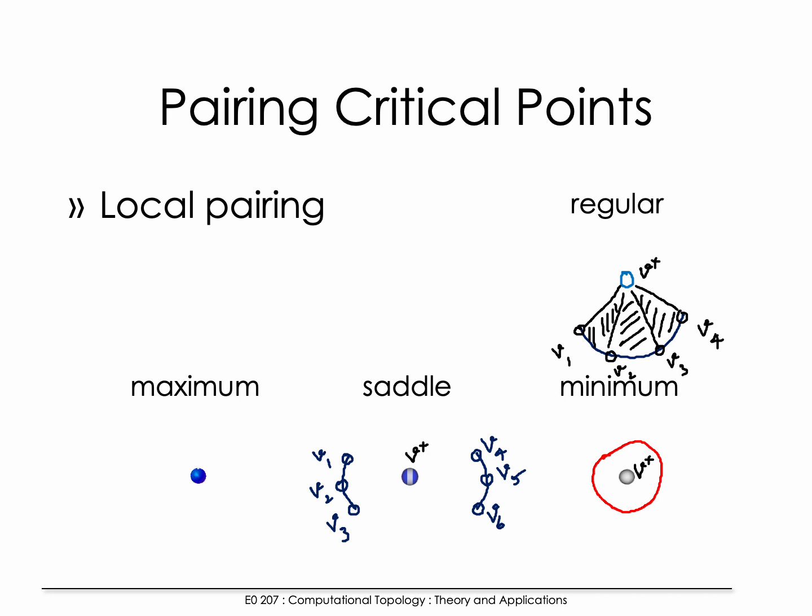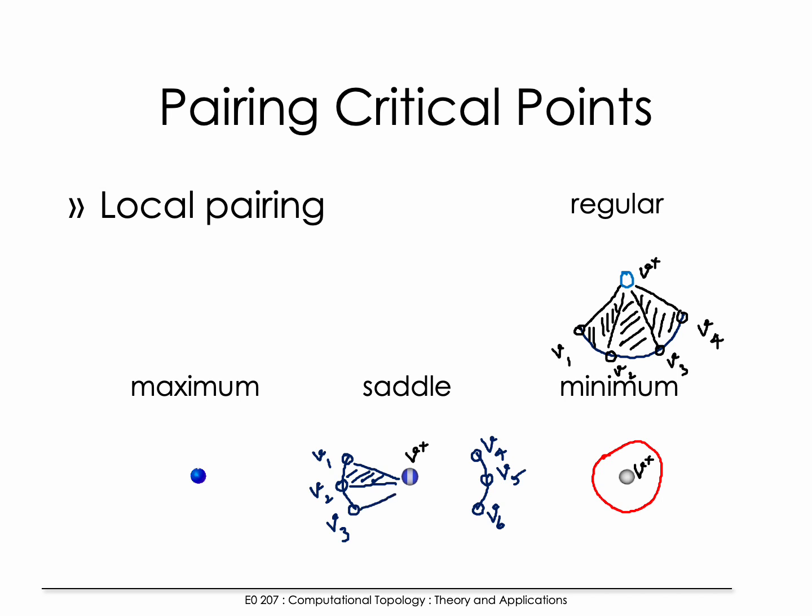Now I insert an edge VV1. Similar to the regular case, this is negative. It destroys a component, and the edge VV1 is paired with V. So far so good. Then we insert the edge VV2, which is a creator, and it is paired with the triangle, that's a destroyer.